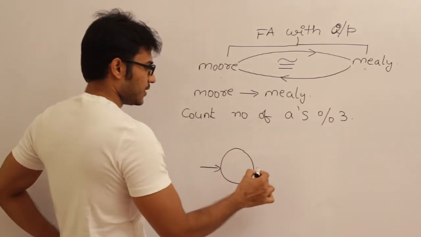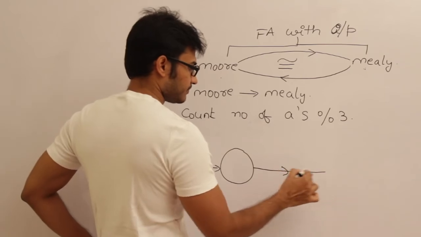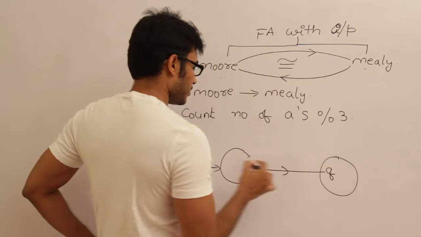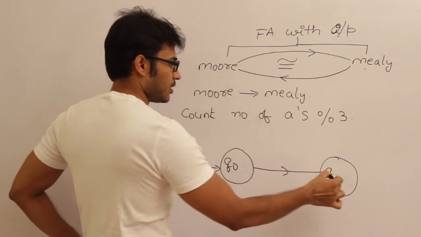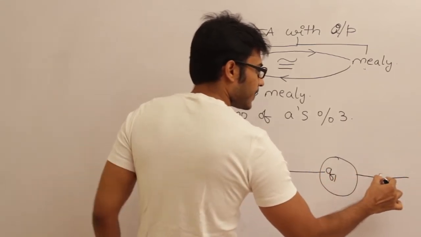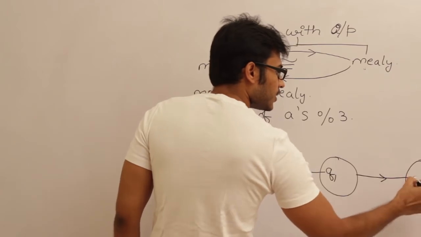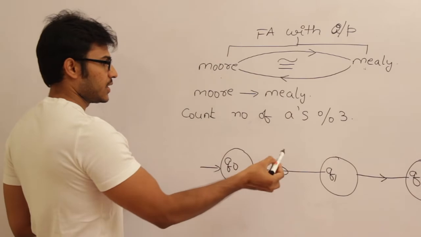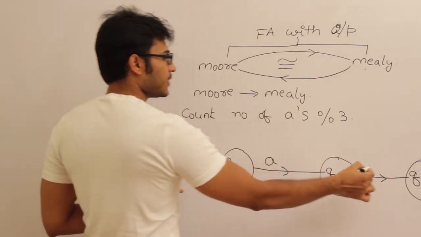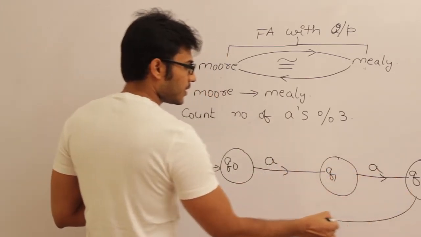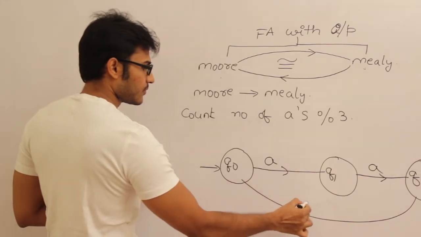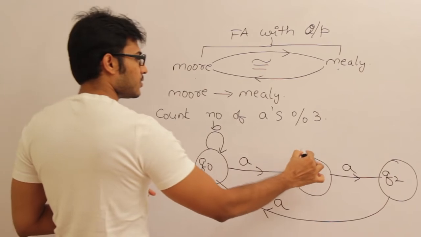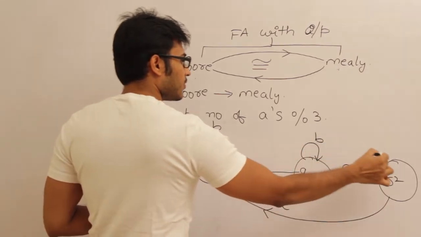We have three states: Q0, Q1 and Q2. Let us assume that we are counting only A's. So on A's we are counting, and on B's we will not count.